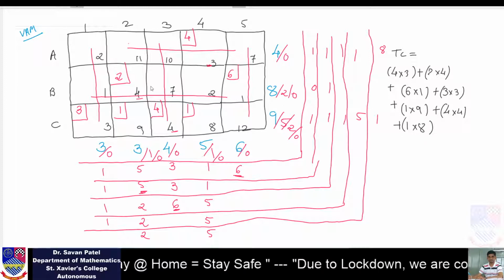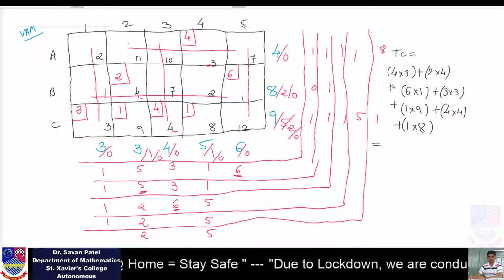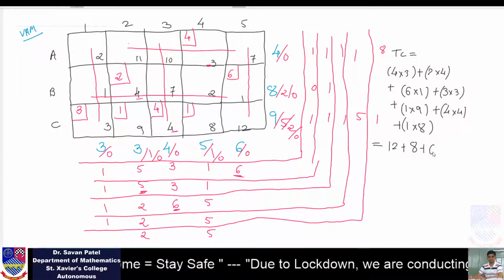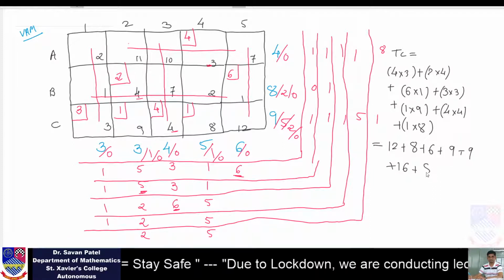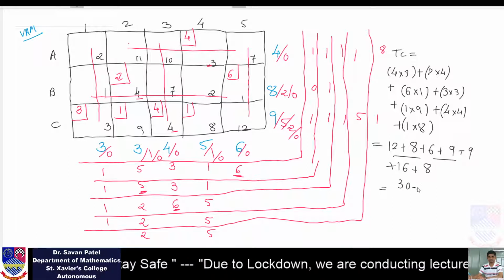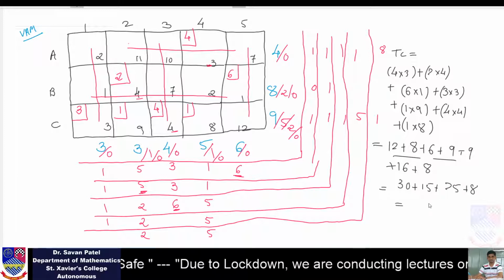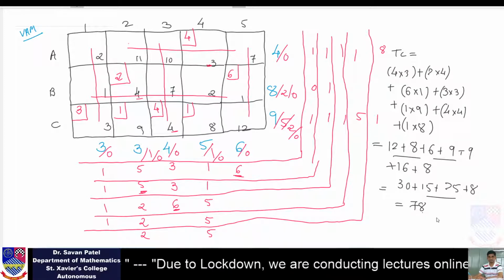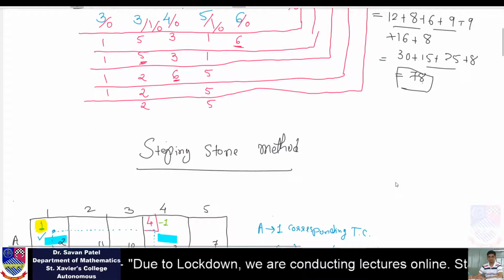So that is 4 times 3, it is 12, plus 8 plus 6 plus 9 plus 9 plus 16 plus 8. So it is 30 plus 15 plus 25 plus 8. This is 40 plus 30, so it is 78. So previously this solution was 78.